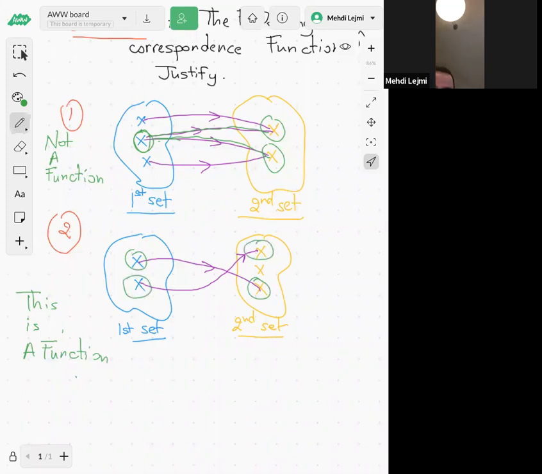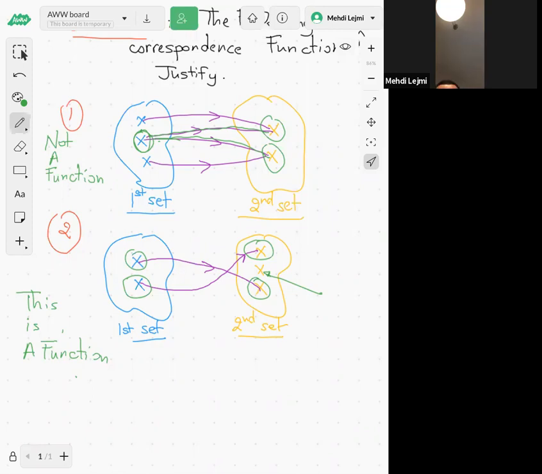And again, guys, this point here is alone, but it doesn't matter. It's in the second set, so we don't really care. All right, so that's the very general definition of a function. Again, what you need to keep in mind, guys, is that each input has exactly one output.